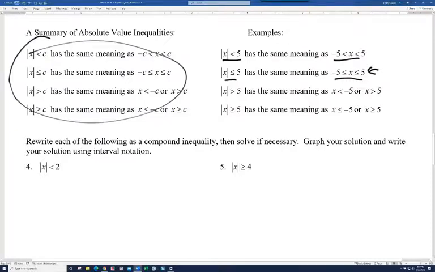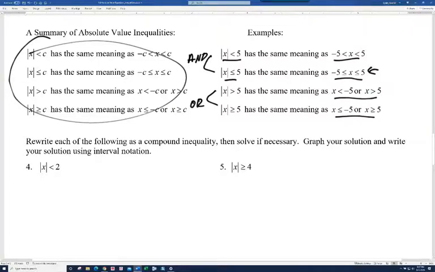Whereas if you have absolute value of x greater than 5 and absolute value of x greater or equal to 5, these are our or cases. Notice we end up with an or statement. Again, it's where you have everything outside of two numbers instead of everything that's in between. And again, the only difference for the last one here is the equal symbol.